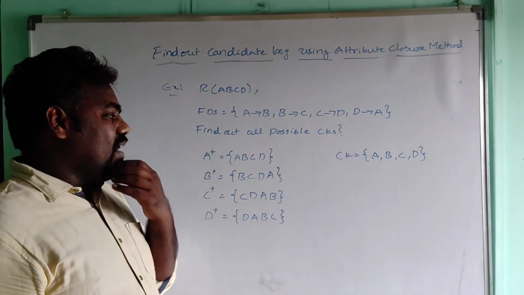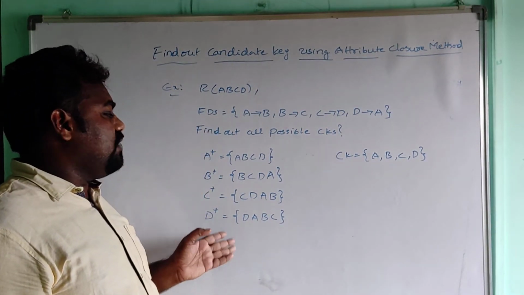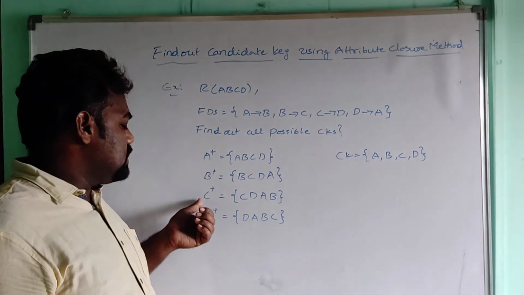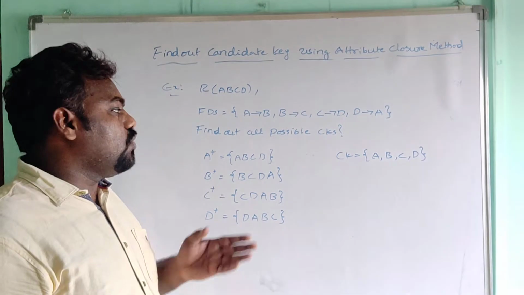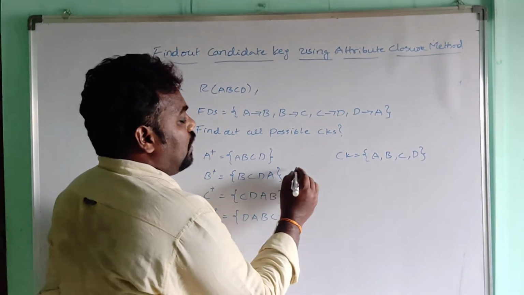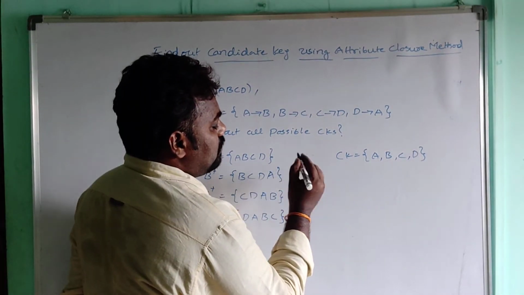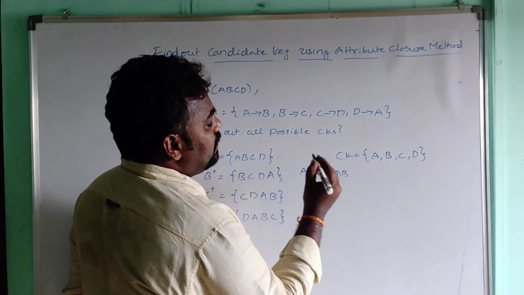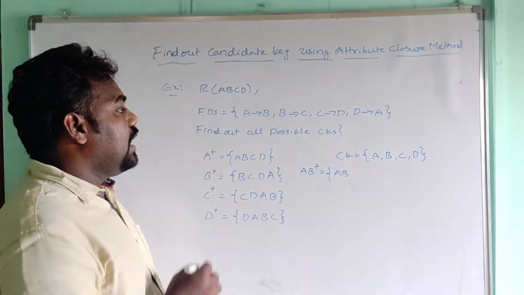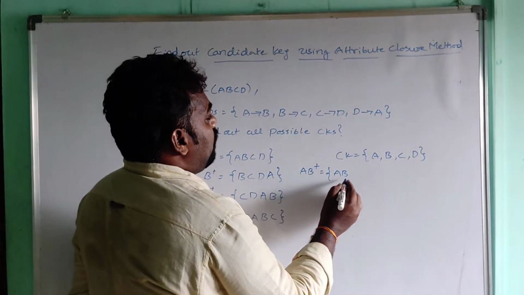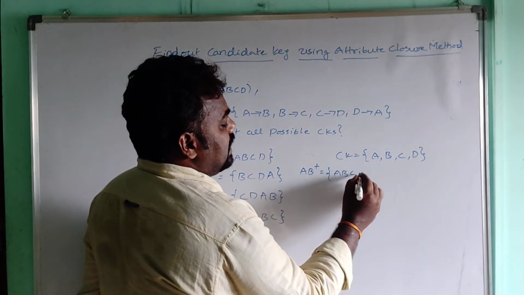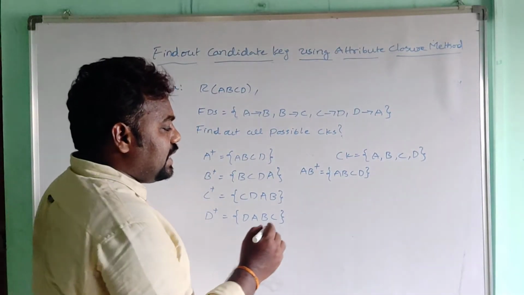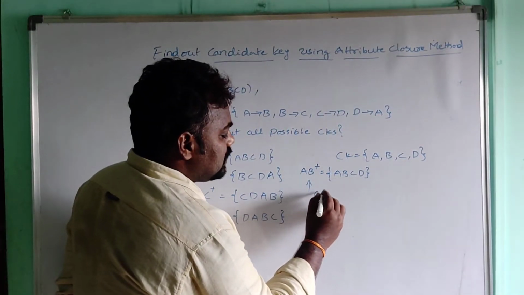Here what are the possible candidate keys for this relation? A, B, C, D. Here we can also find out by using the combination AB plus. Here AB determines AB and D determines C, C determines D. But this is not a candidate key.